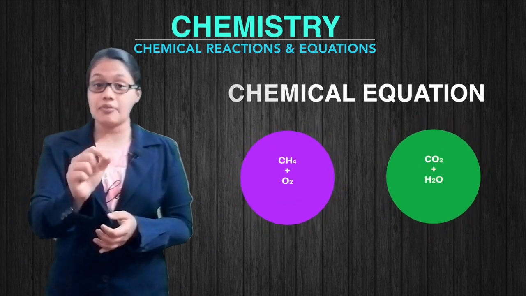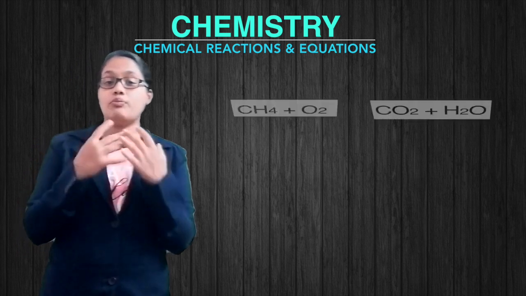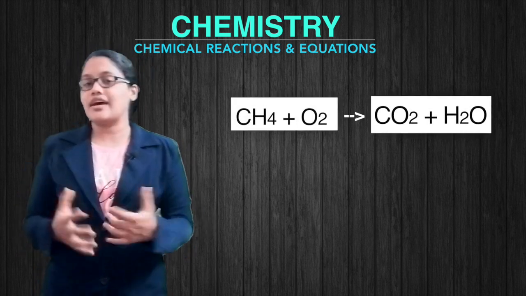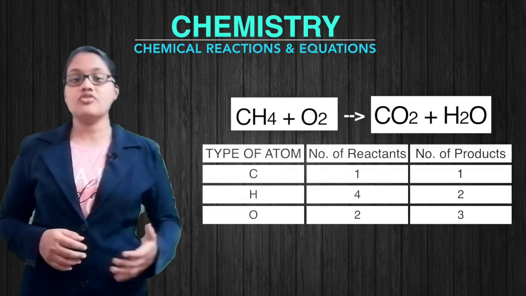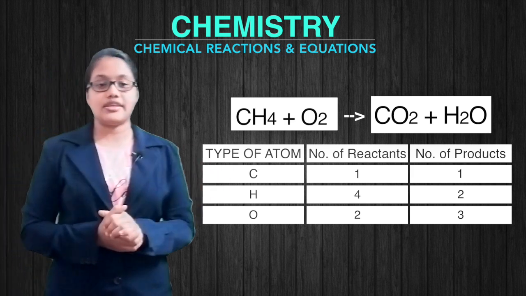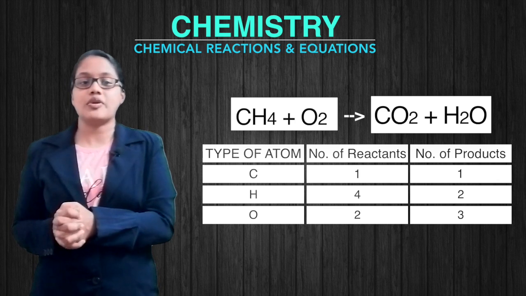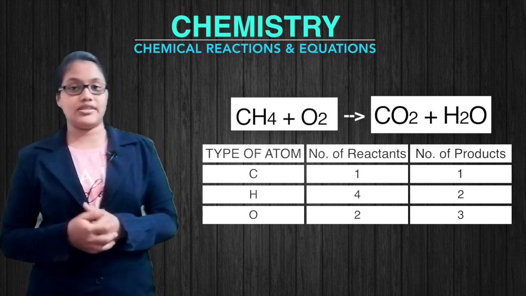Now the first step, as we have said before, is the counting of number of atoms on both reactant and product sides. So let's make that column. So here we have number of atoms in reactant side and in product side. So the types of atoms present are carbon, hydrogen and oxygen.